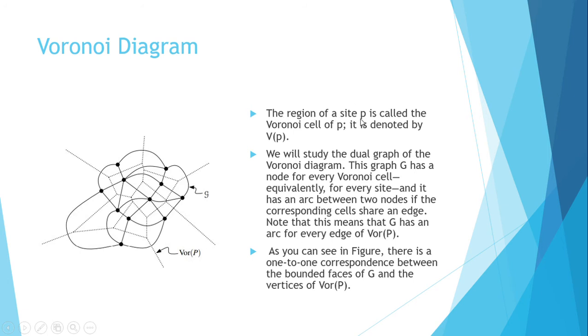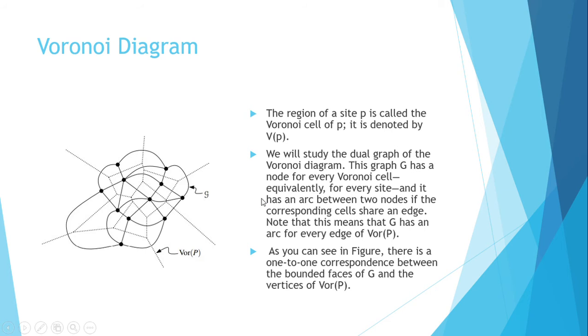The region of a site P is called a Voronoi cell. This is a Voronoi cell, with all the areas covered inside the dotted lines. It is denoted as V(P) and is nothing but the region corresponding to the point.